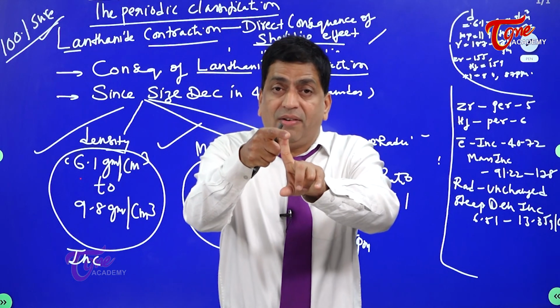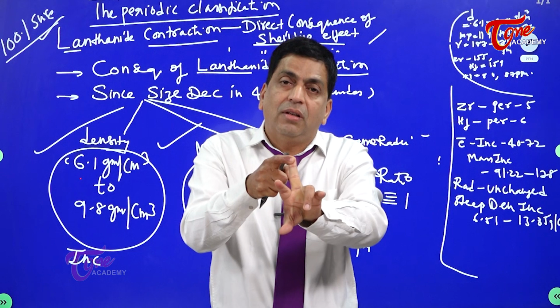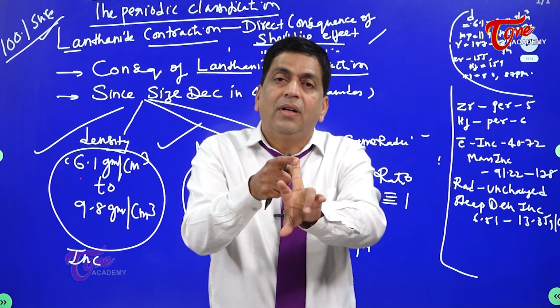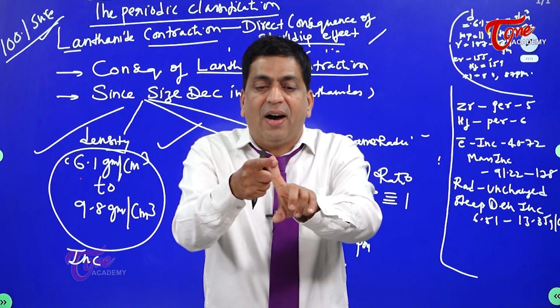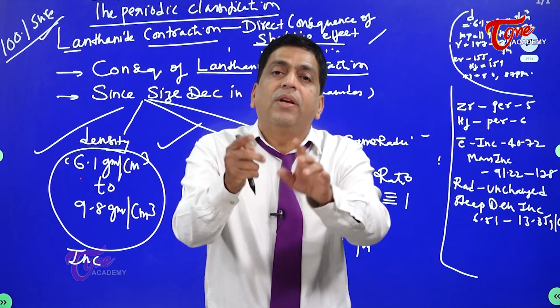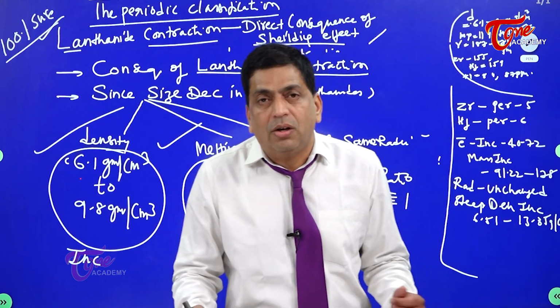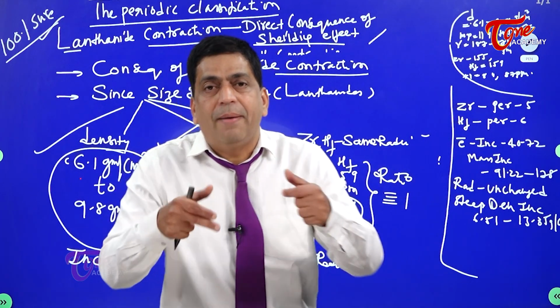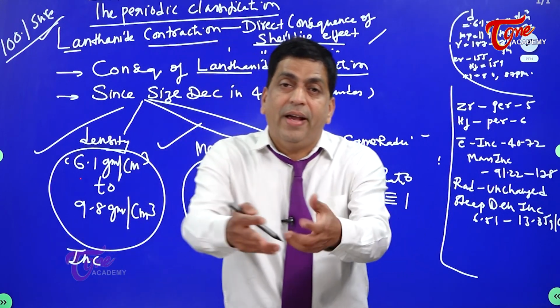Hafnium was discovered first. After 134 years, zirconium was discovered. If you ask me why, the sizes are so same. When the sizes are same, one will be the impurity in the other.